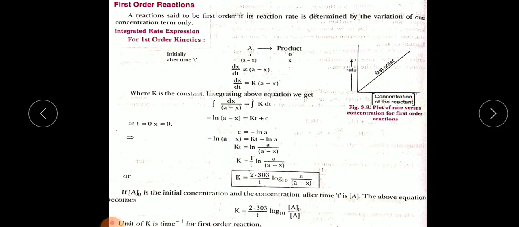So to replace that, if a naught is the initial concentration and the concentration after time t is a, the above equation becomes k equals 2.303 by t log10 of a naught by a. Now this is the expression. We'll be using this expression for our numerical calculation, and the unit for the rate constant for first order reaction is per time, that means it can be per second, per minute, like that.